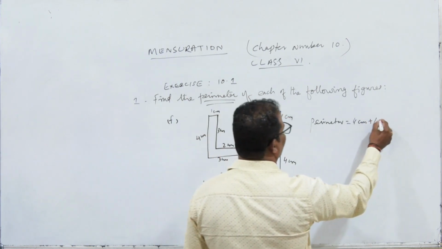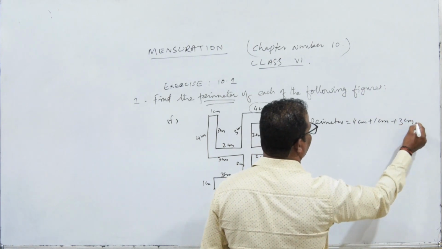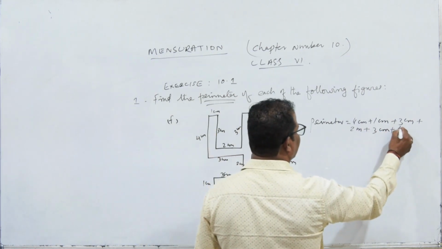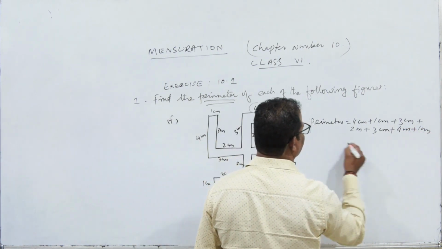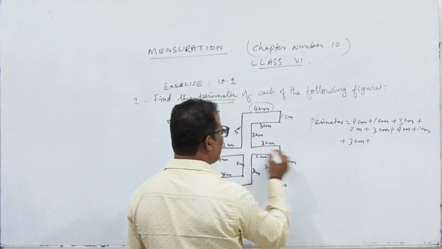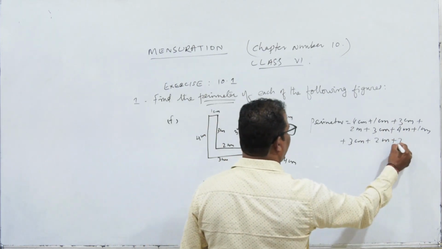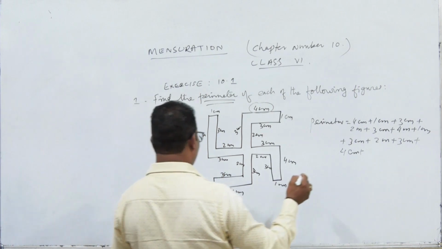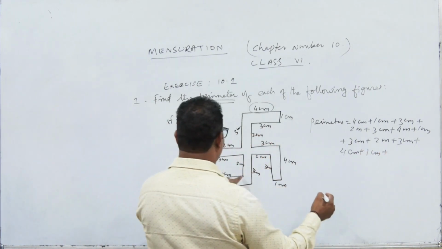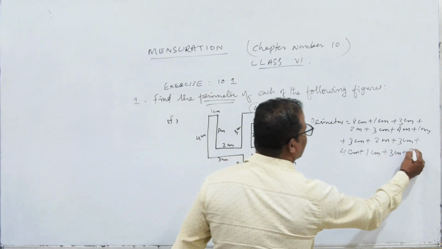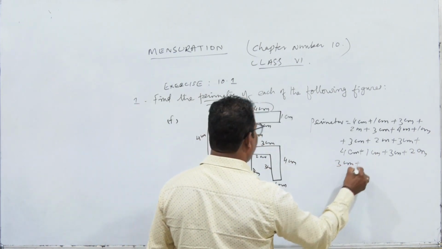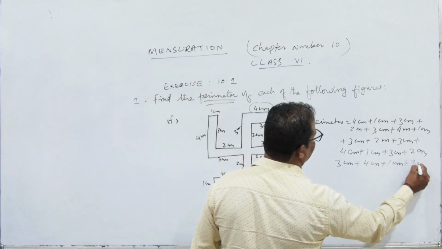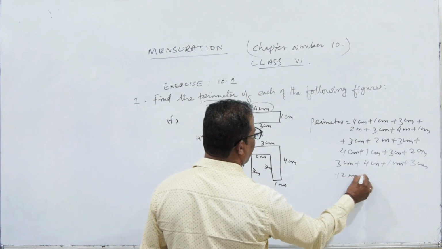4 centimeter, then 1 centimeter, then 3 centimeter, plus 2 centimeter, then 3 centimeter, then 4 centimeter, then 1 centimeter, then again 3 centimeter, then 2 centimeter, 3 centimeter, 4 centimeter, 1 centimeter, 3 centimeter, then here 2 centimeter, then again 3 centimeter, then 4 centimeter, then this length 1 centimeter, then this side 3 centimeter, then 2 centimeter, then 3 centimeter.